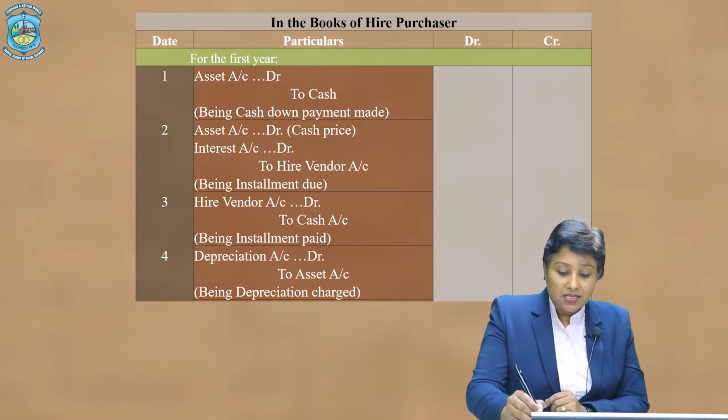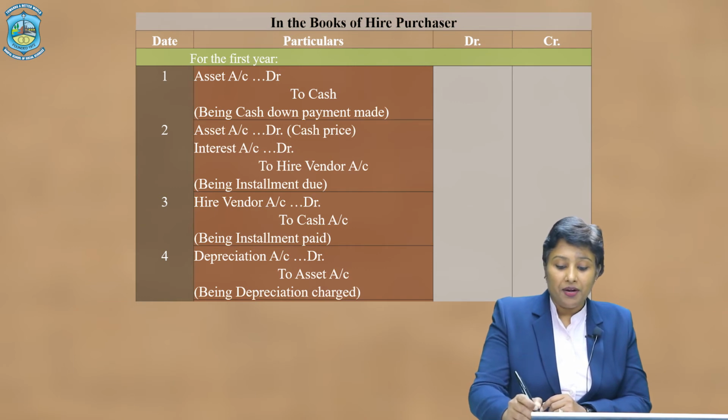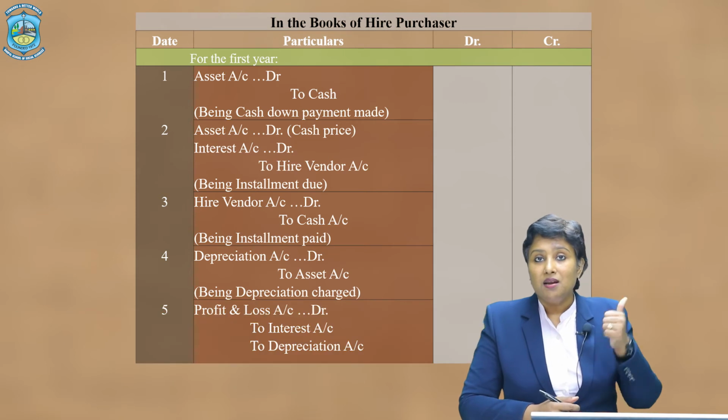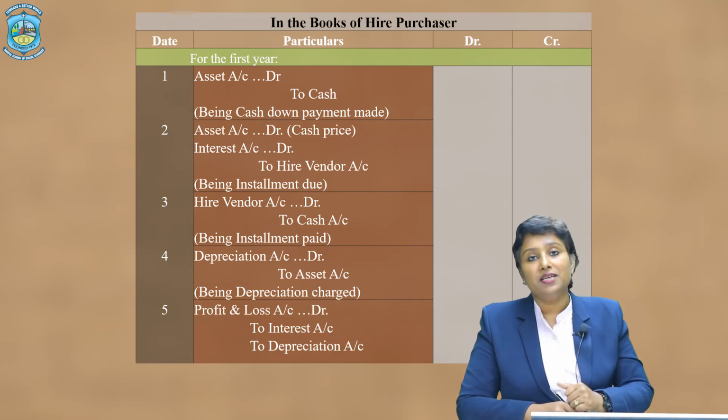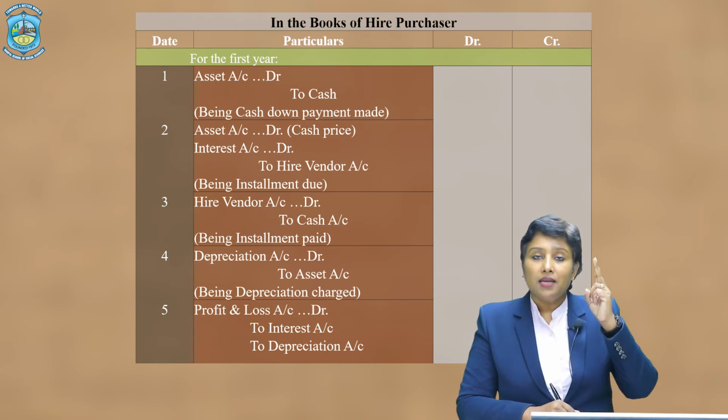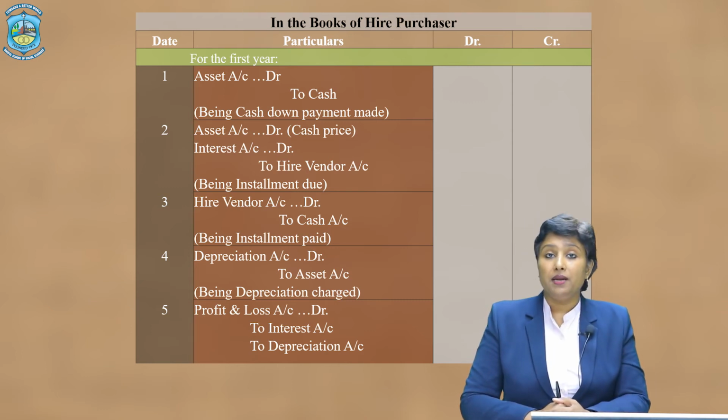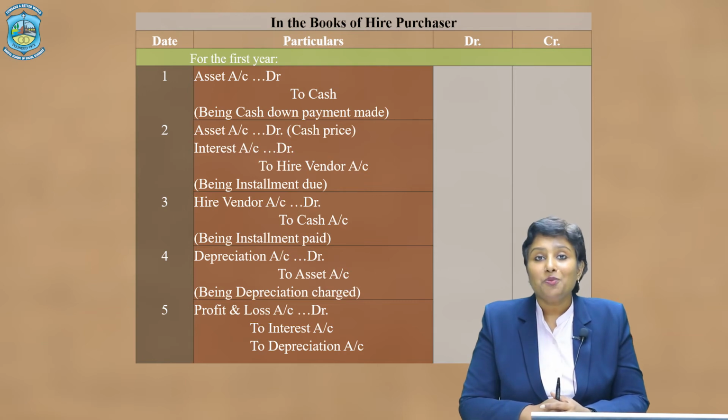Alright, now since two expenses accounts have already been recorded in the books of purchaser, which two expenses? Number one, interest included in the installment, and number two, depreciation. Now once the expenses accounts have already been debited in the books, they have to be transferred to, yes, a nominal account, that is profit and loss account.